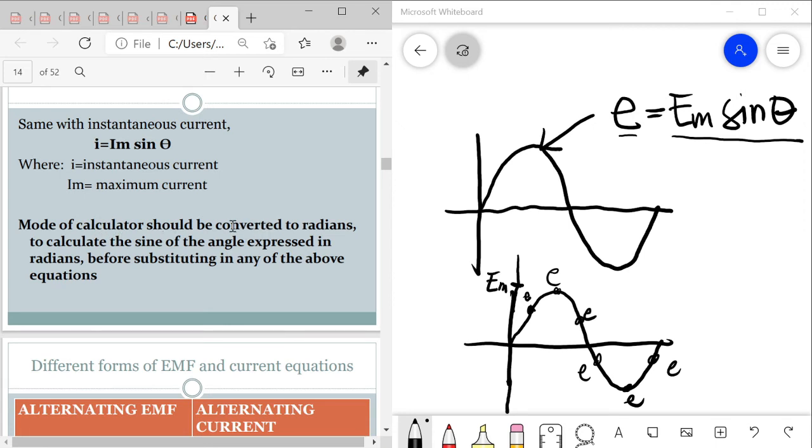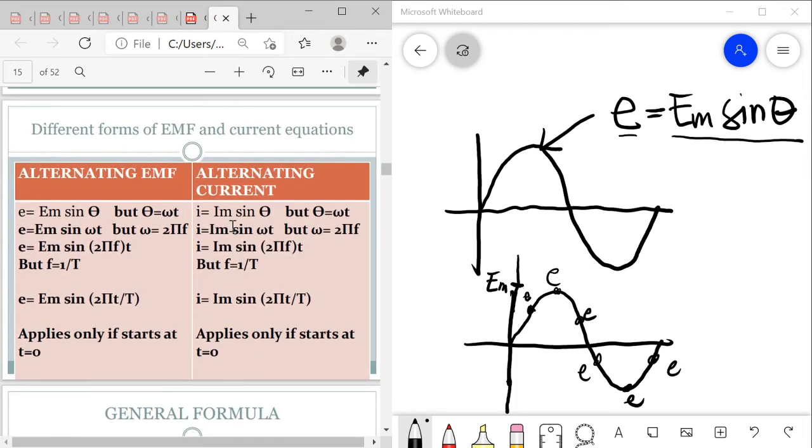Because if we use, of course, pi over 2, pi are in radians. So be sure that your calculators are in radians. If you are dealing with 90 degrees, 270, 180 degrees, 360, or 30 degrees, of course, your calculator must be in degrees. If you are dealing with pi's, your calculator must be in radians.